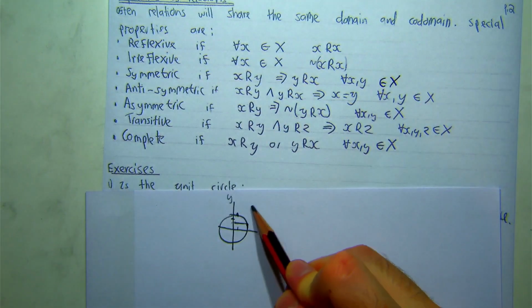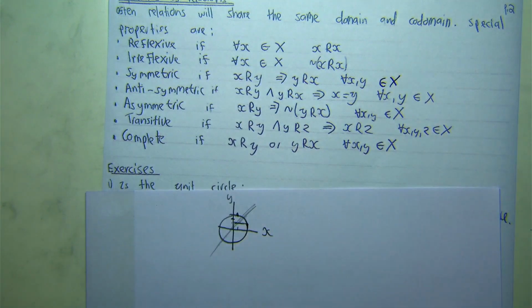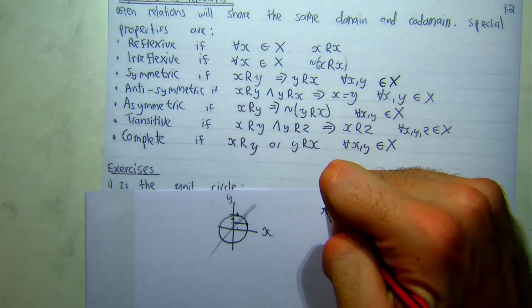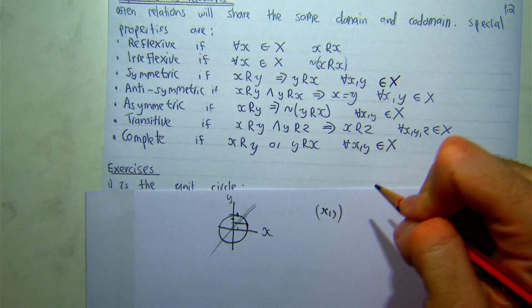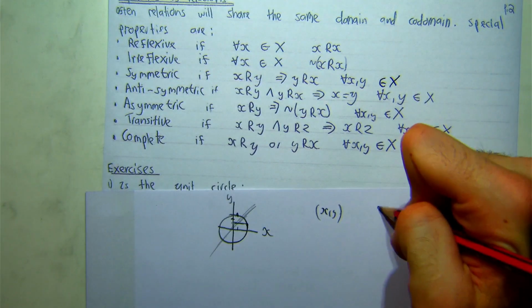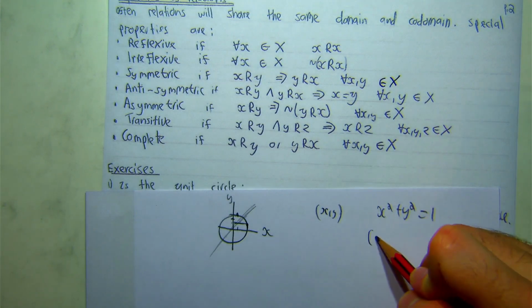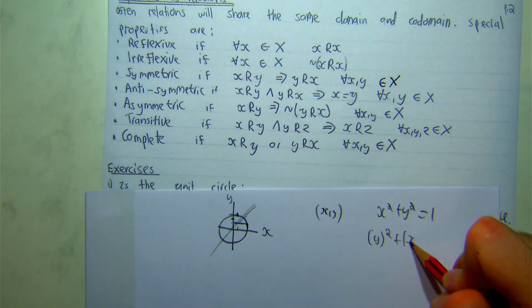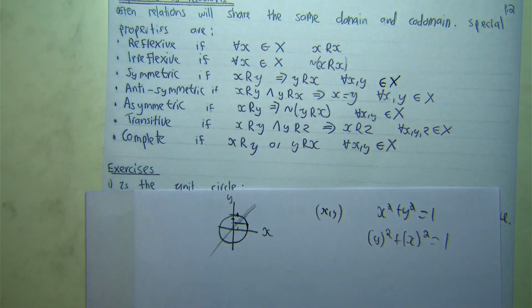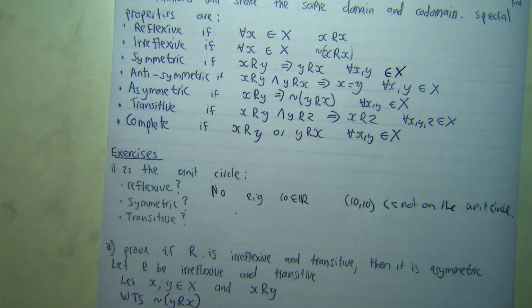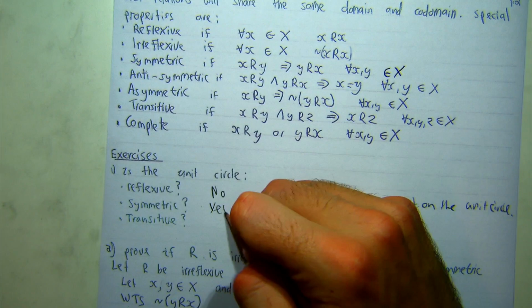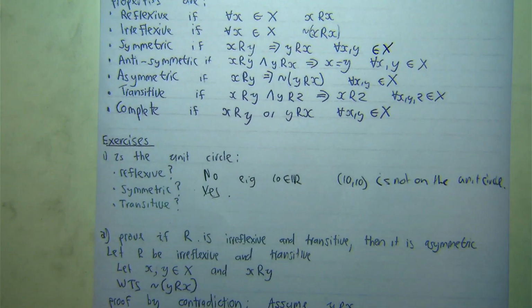Essentially we get this mirroring along the line y is equal to x. And that will still be on the unit circle, because if you have (x, y) on the unit circle, that means x squared plus y squared is equal to 1. If you just swap x and y, it's still the same thing mathematically. So yes.